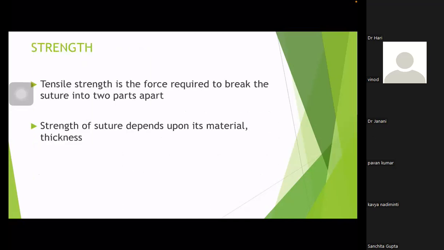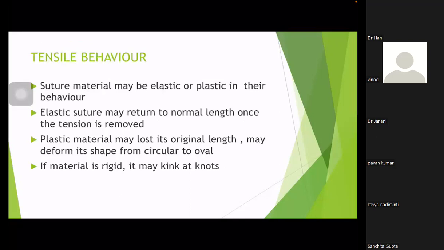Tensile strength. Tensile strength is the force required to break the suture into two parts. The strength of a suture depends on thickness and the material it is made of. Tensile behavior. Suture material may be elastic or plastic.